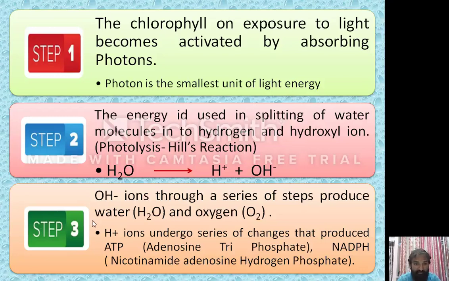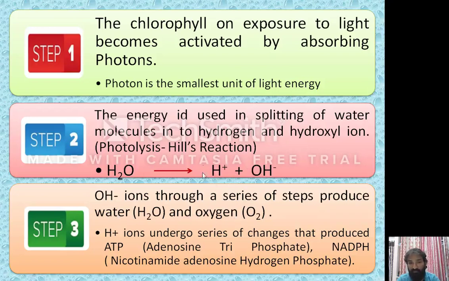In step 3, the hydroxyl ions go through a series of steps and finally produce water and oxygen. So these hydroxyl ions are involved in the production of water and oxygen.